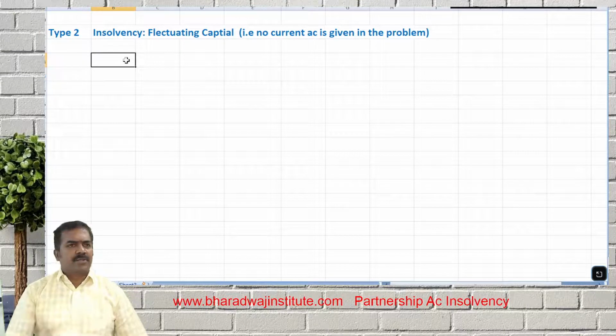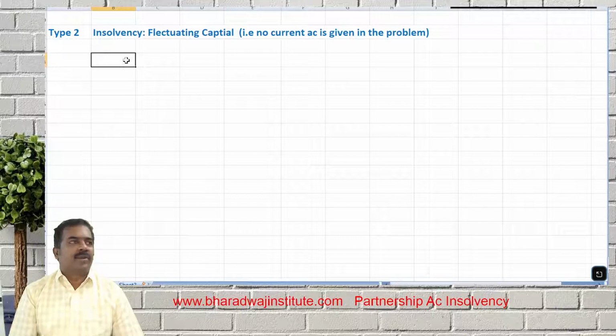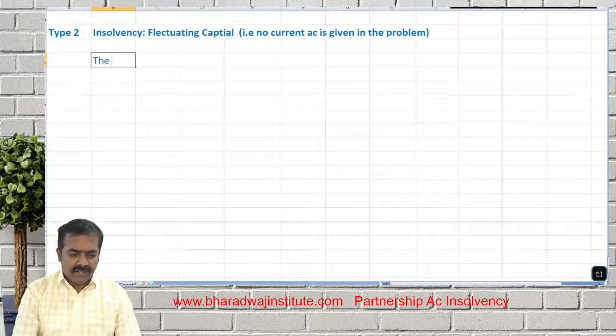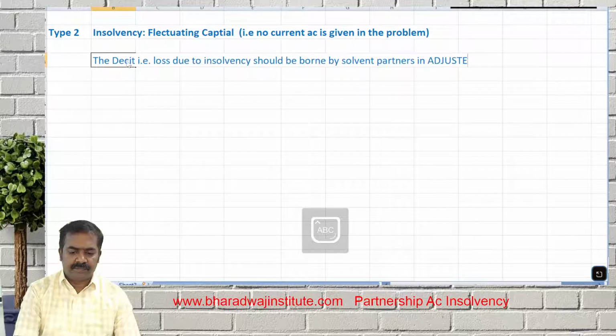As usual, you will close the realization account, and close the partners capital account, that is the insolvent partner's capital account, and find out the deficit. The deficit, that is the loss due to insolvency, should be borne by solvent partners in which ratio?